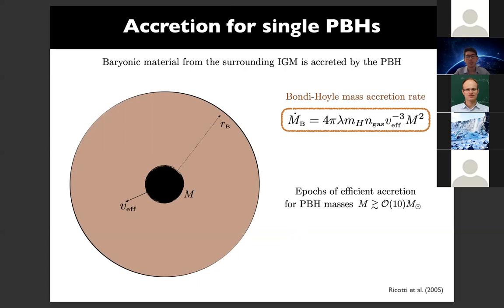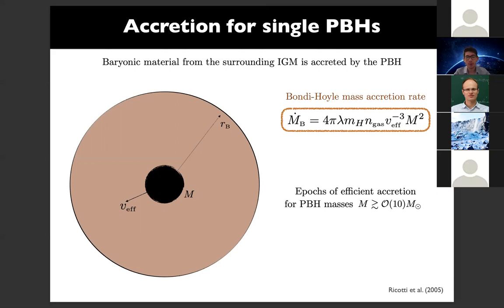A very well-known parameterization for the mass accretion rate is provided by the Bondi formula that I'm showing here in this slide, in which the mass accretion rate depends on the PBH mass and velocity, on the number density of the surrounding gas, and also on an accretion parameter, lambda, which captures several important effects like the Hubble expansion, the gas viscosity, and also the coupling to the CMB radiation.